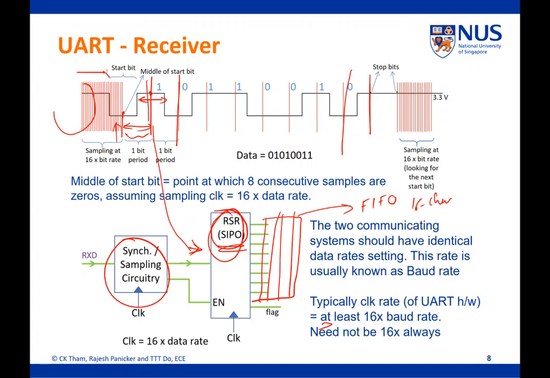The temporary storage is only enough for 16 characters. And the advantage is the processor need not go and read every single character as and when it comes. You still have some time before you really need to go and read characters, while still making sure that there is no data loss. Got it?